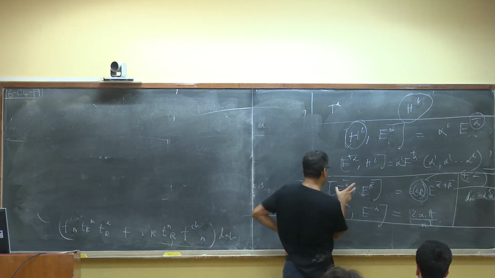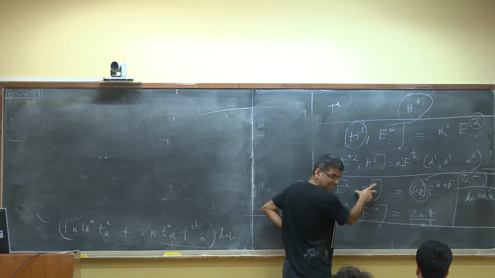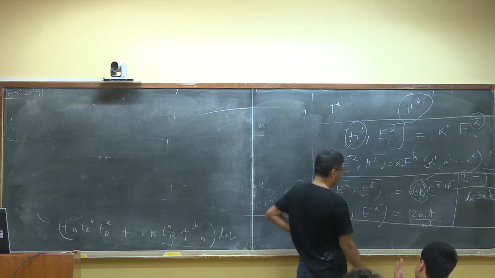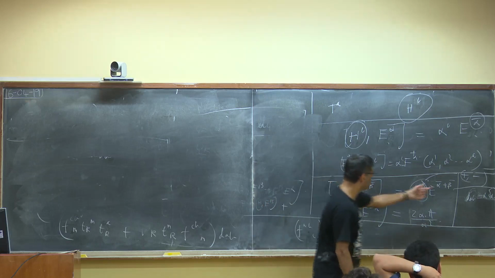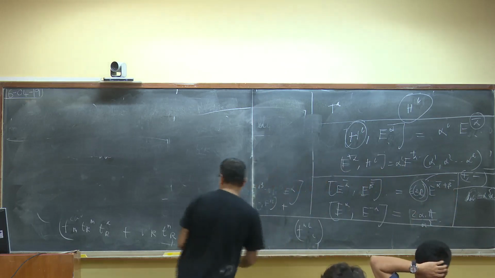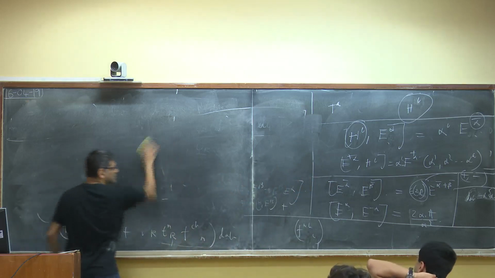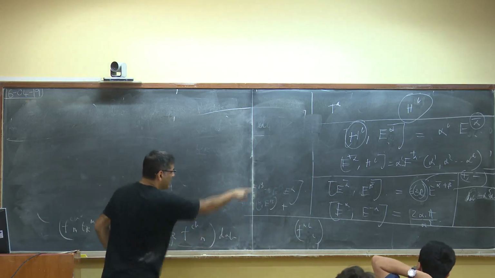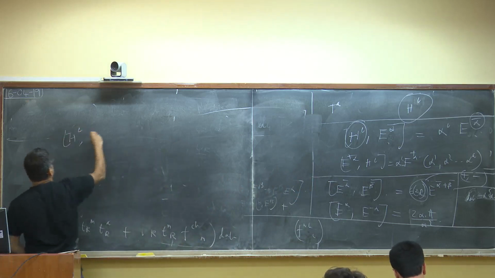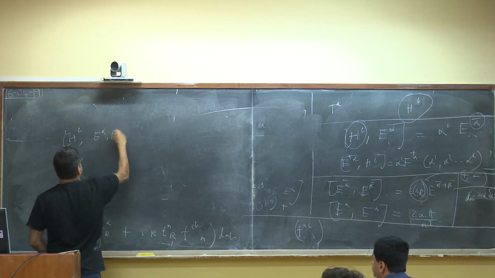Once I'll get HI with this, and once I'll get HI with this. So when you get HI with alpha, you get some number times E alpha. Okay, let's try what Indranil is saying. Suppose I use HI with the first guy. So I get HI commutator E alpha E beta.